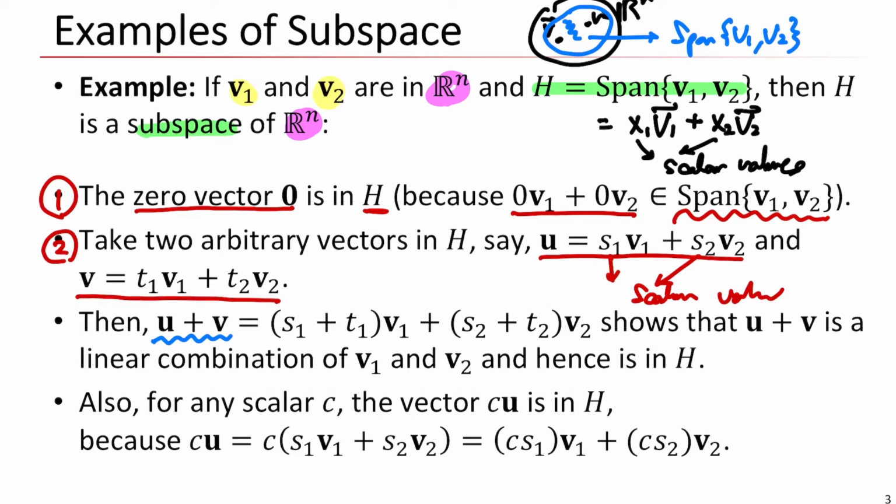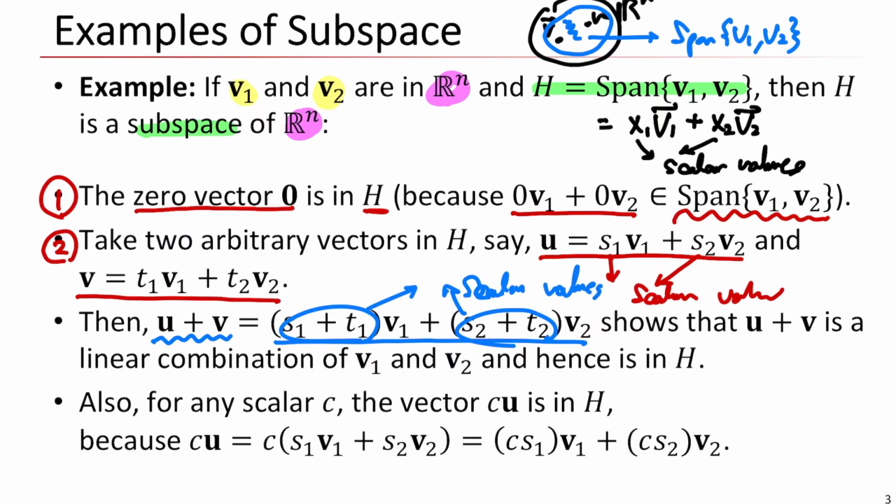By a property of the vector operation, u plus v can be represented as (s1 plus t1) times v1 plus (s2 plus t2) times v2, right? So these are also scalar values.